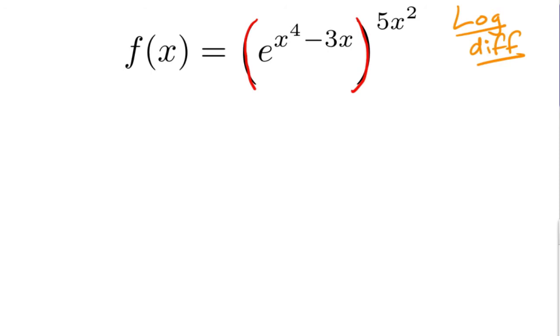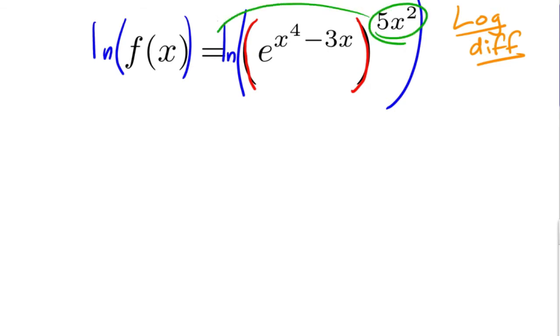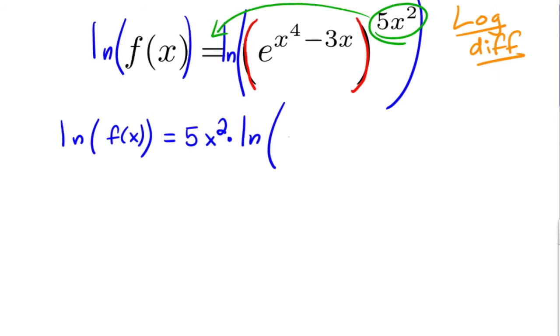So remember, you start off by getting the natural log of both sides. And the whole point of getting the natural log of both sides is so that you can bring the exponent out in front. So when you do that, we would have natural log of f of x is equal to 5x squared times natural log of e to the x to the fourth minus 3x.